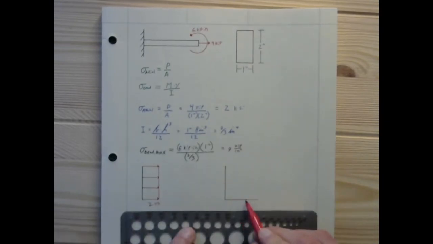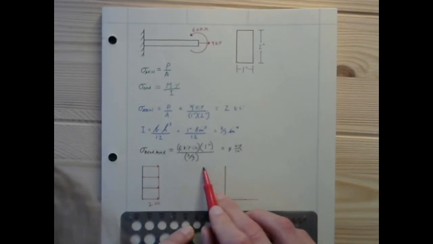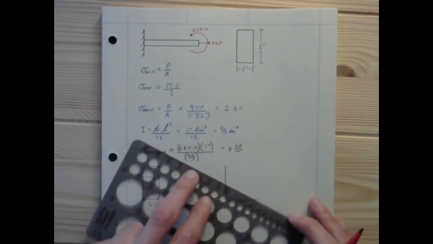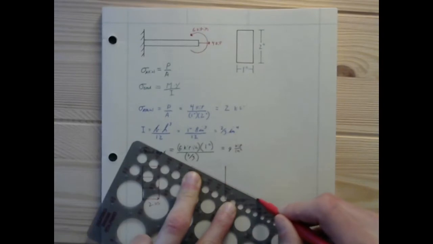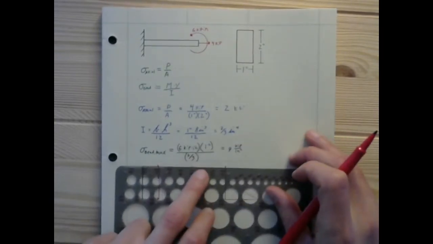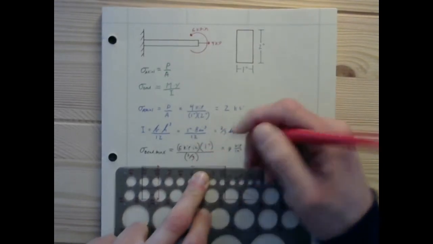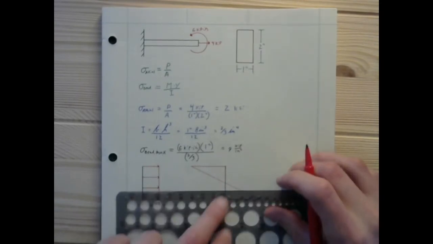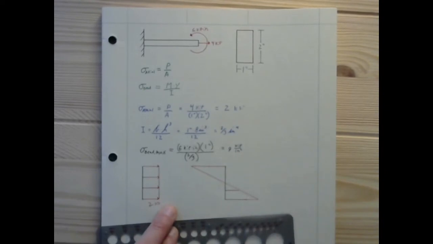So this right here is our distribution of stress due to the moment. Down here it's tension, up here it's compression.